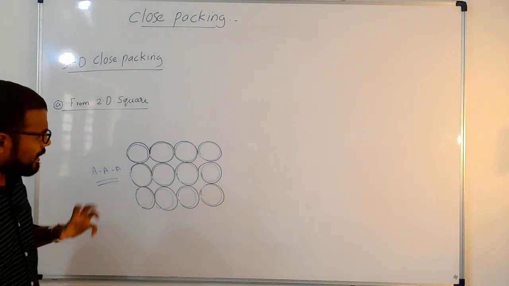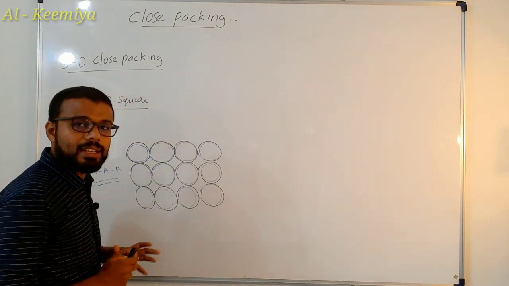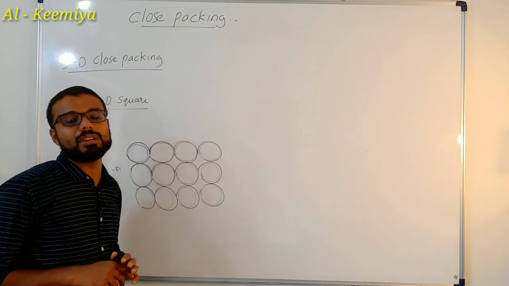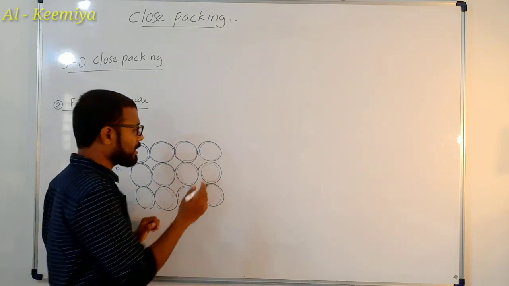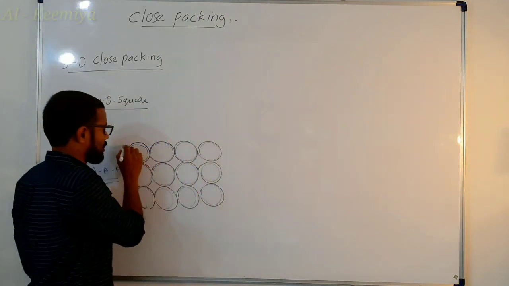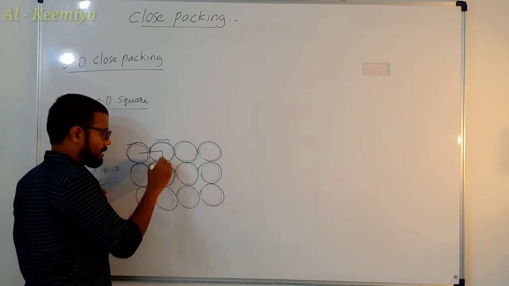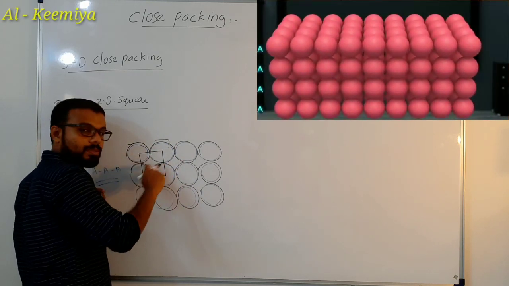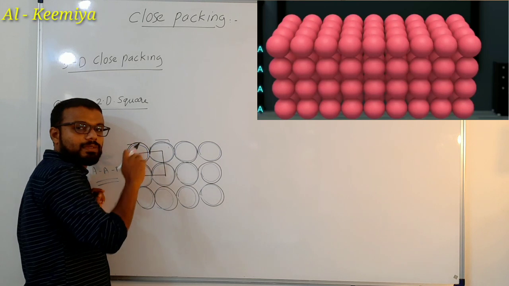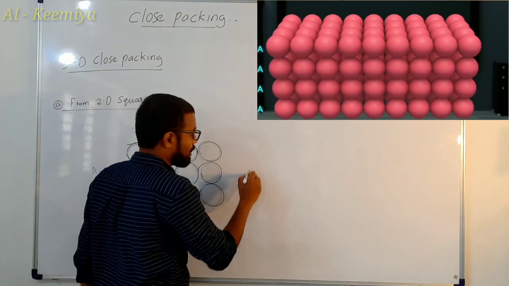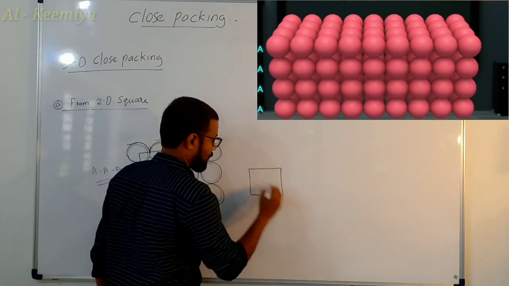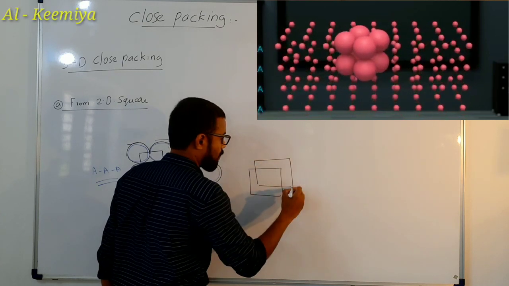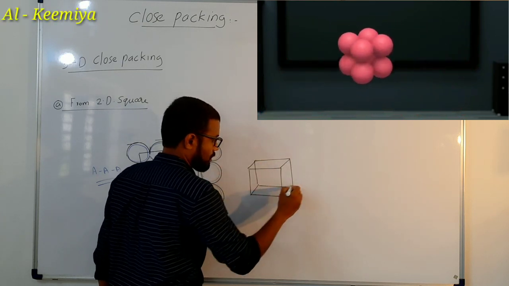Okay, here if you analyze this, you can see it is equal to a simple cubic crystal. If you take one portion, you see this is the top 4 particles, and the black ones are the bottom 4 particles. That is simple cubic. You can see here, this is similar to simple cubic.